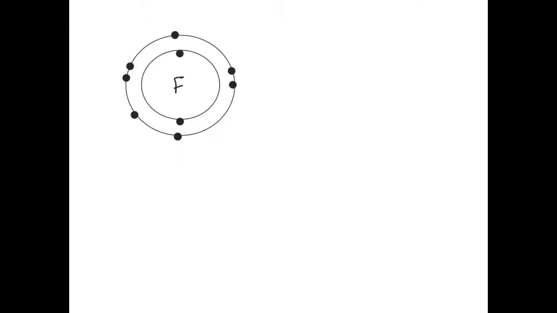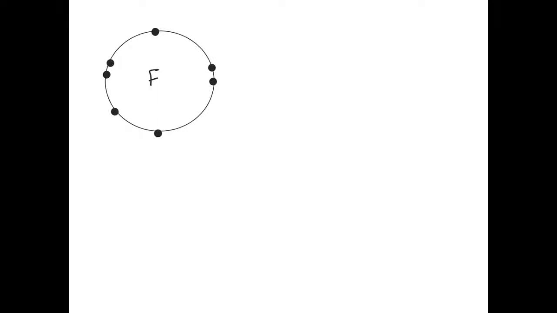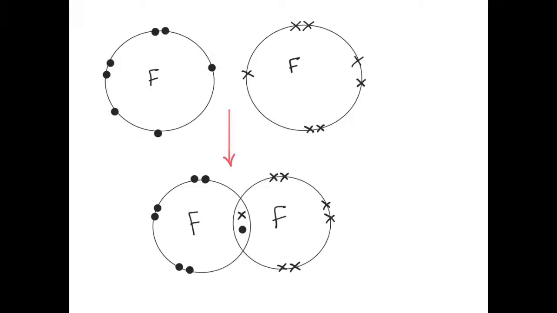If you take our atom of fluorine and show the outer electrons only, it comes into contact with another atom of fluorine, which it almost certainly will because it's very hard to get a single atom of fluorine by itself without anything else around, and it forms a covalent bond.